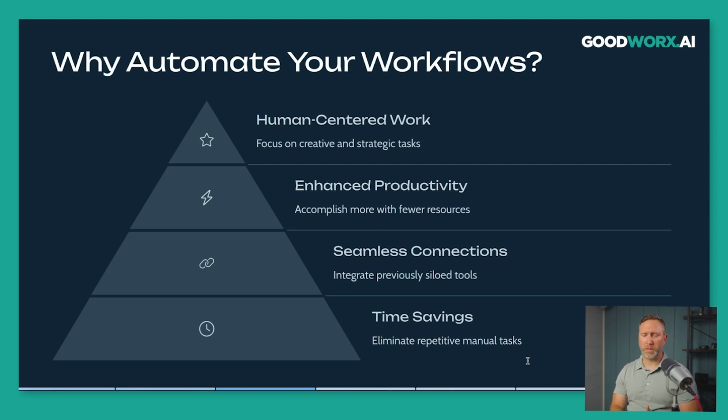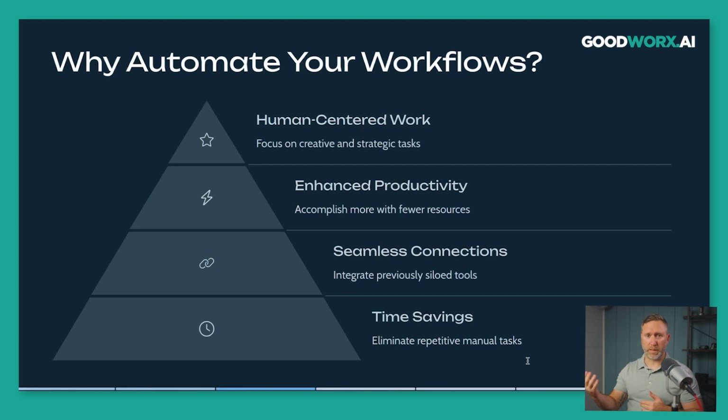And when I try to pitch automation to people, I ask them 2 big questions. Number one is, think about one of your most boring, repetitive tasks that you do every single day. That's a good candidate for automation. And number 2, if you could hire someone right now to do this thing, whatever this thing is, because you hate doing it, what would that one thing be?